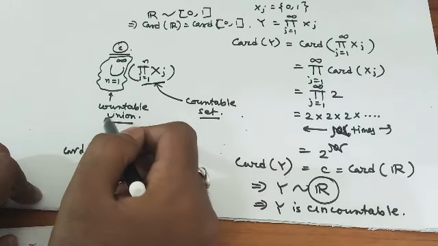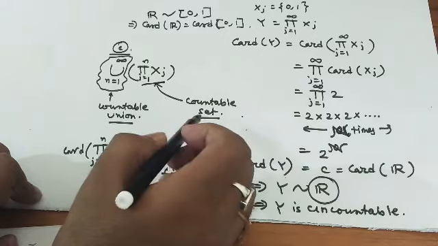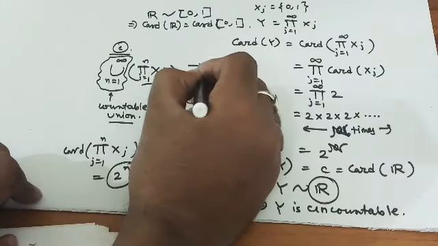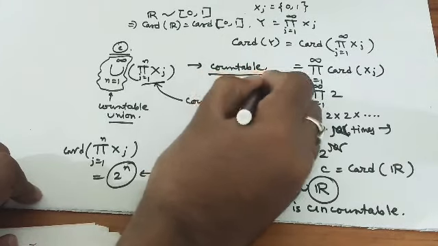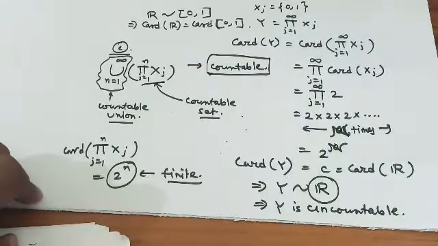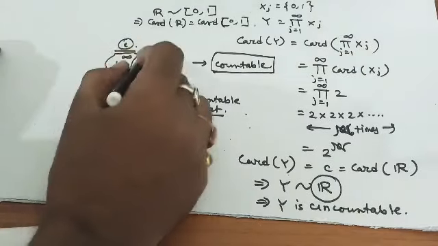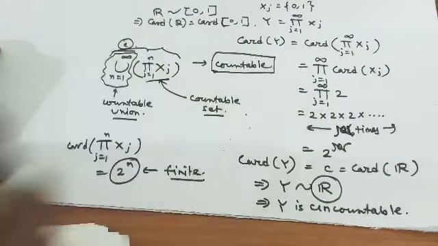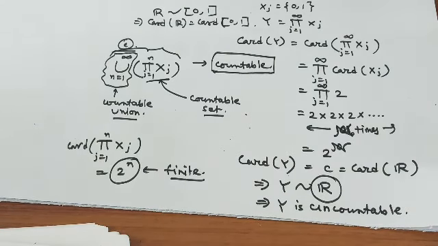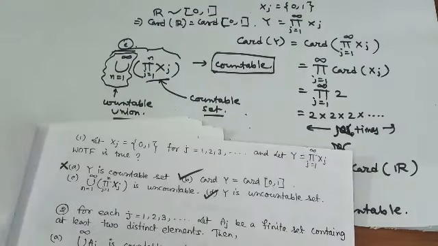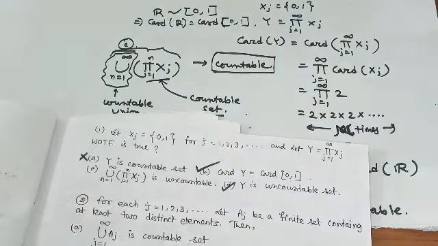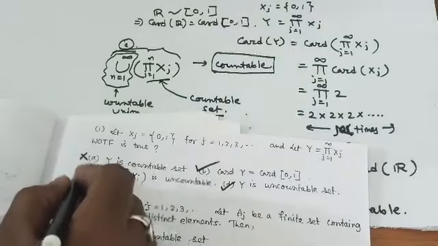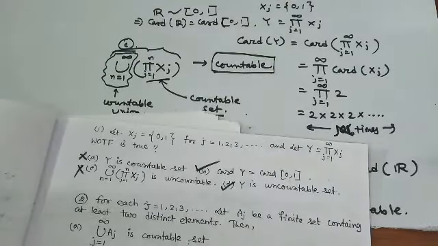So what you have is a countable union of countable sets, which is going to be countable by the result discussed in the previous video. So this whole thing is going to be countable, but the third option says that it is uncountable, so C is false. Your answer will be B and D.